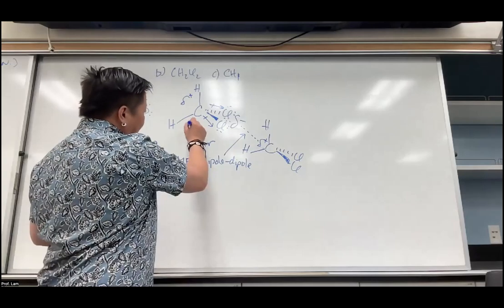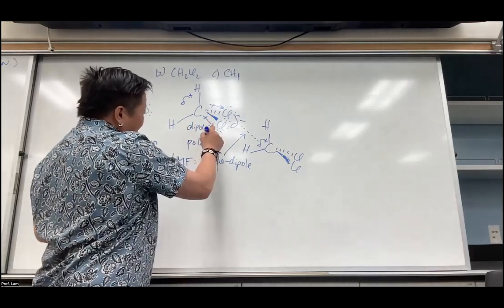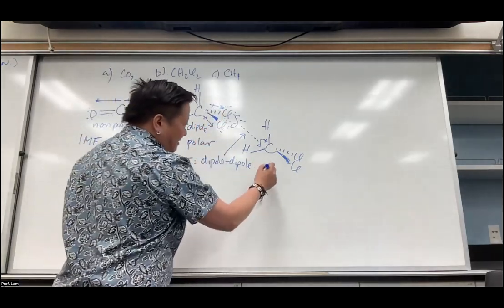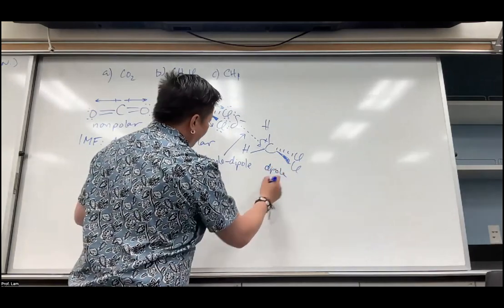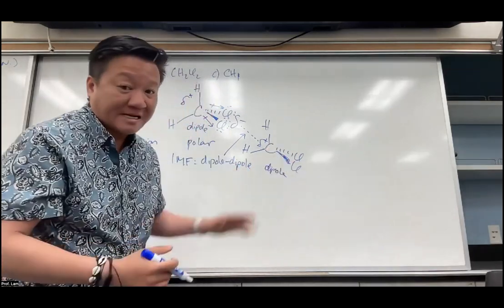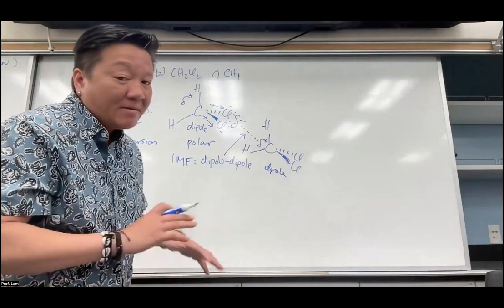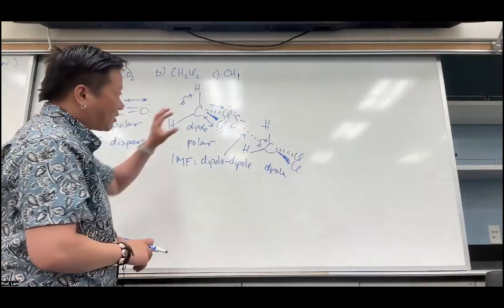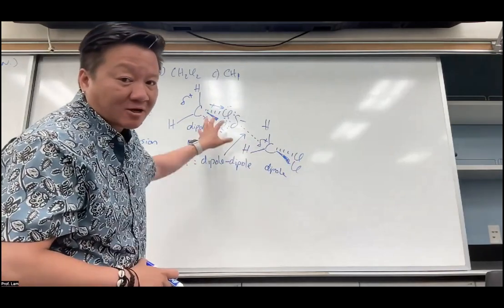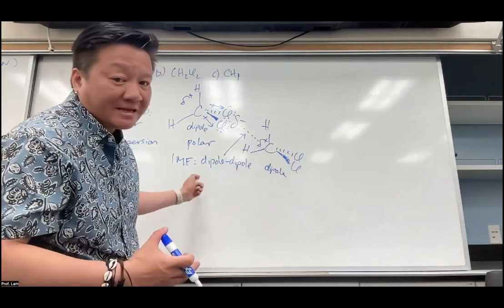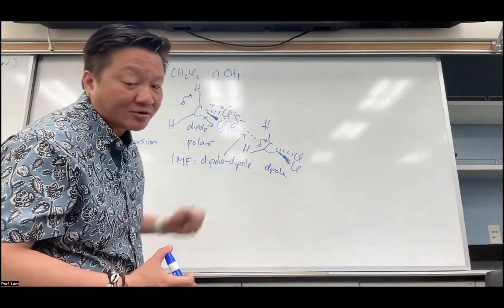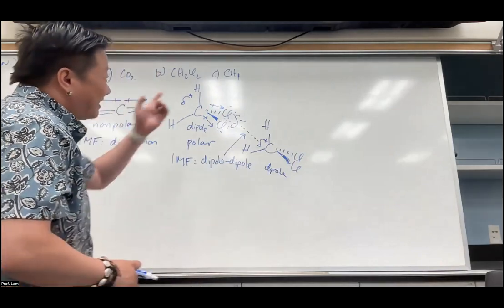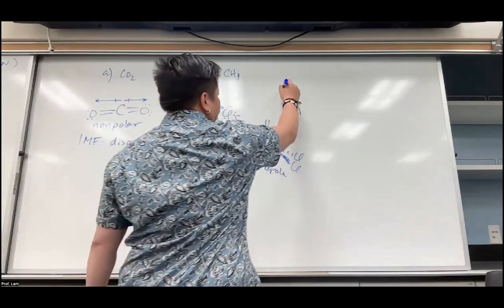And do you guys see why it's called dipole-dipole? This is a dipole, right? Because it's a polar molecule. This is another dipole. It's also a polar molecule. It just happens to be identical to that one, but they don't have to be the same. They could be different molecules. As long as they're both polar molecules, then it'll be a dipole attached to another dipole. CH4, you guys can see easily already.